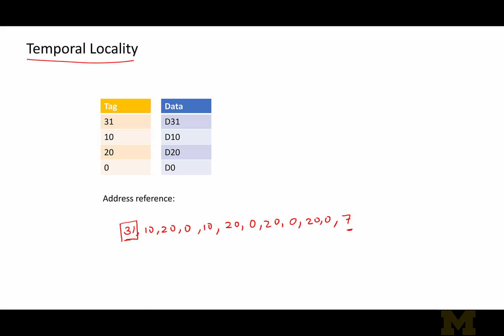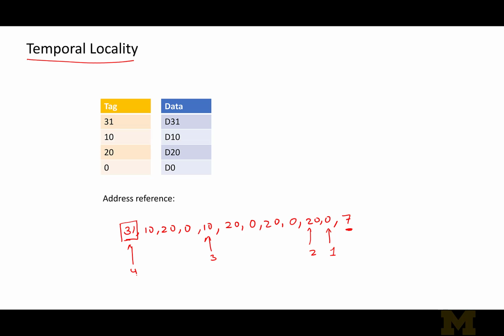So by that principle, I could argue that at this point, when I had to find a victim for the address 7, among the 4 choices I had, 0 had the highest chance of getting accessed in the future, followed by the address 20, and then followed by the address 10, followed by the address 31.